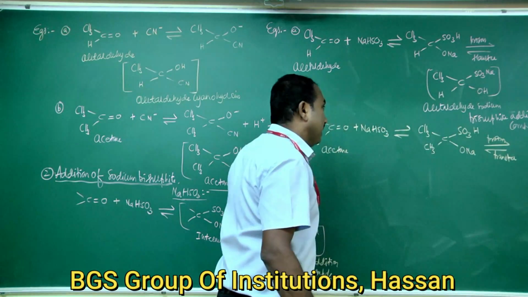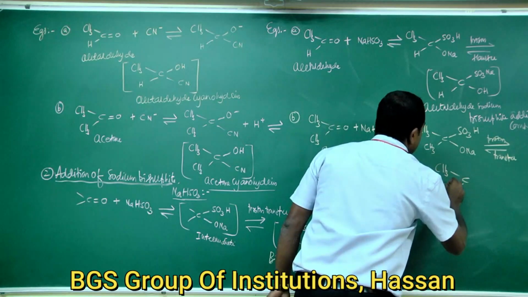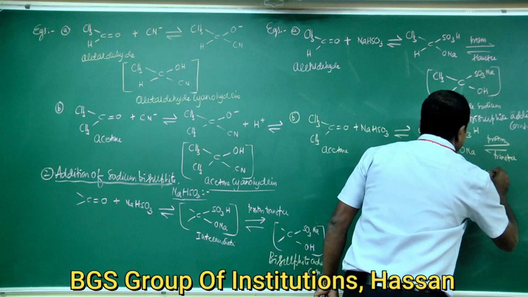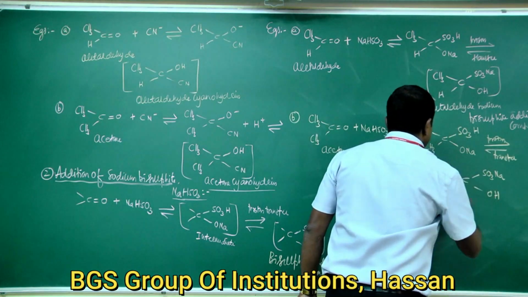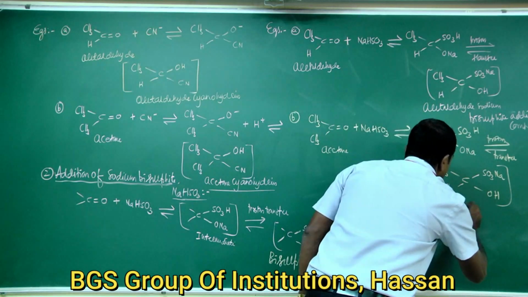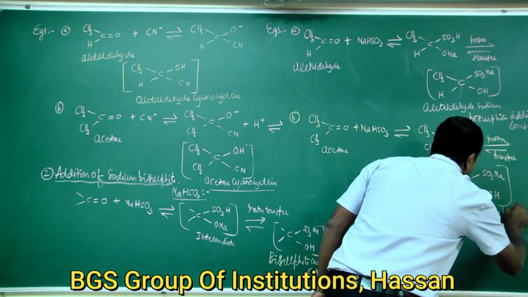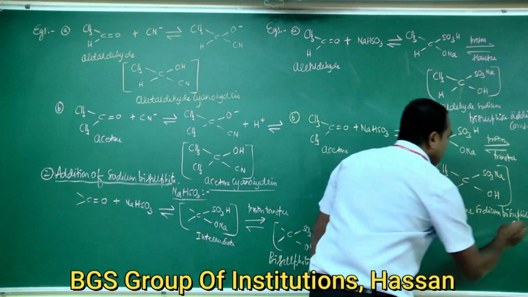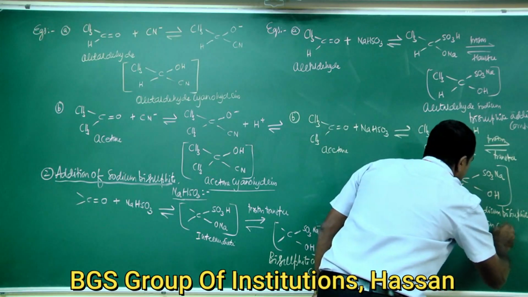On proton transfer, the final product is formed. The final product is CH3-C(CH3)(SO3Na)-OH. This final product is the acetone sodium bisulfite addition compound.